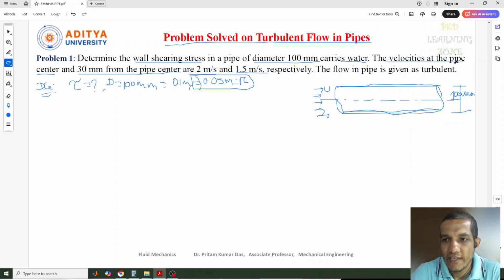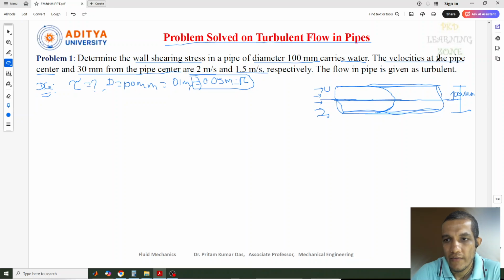Now the velocity at the pipe center. This is the center line of the pipe. Actually we know that when the fluid is flowing through a pipe, at the surface of the wall the velocity is negligible and is considered as zero. As you move away from the surface, the velocity of the fluid increases. So we get a maximum velocity at the center of the pipe.